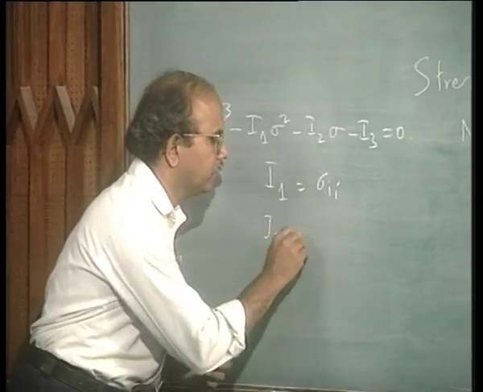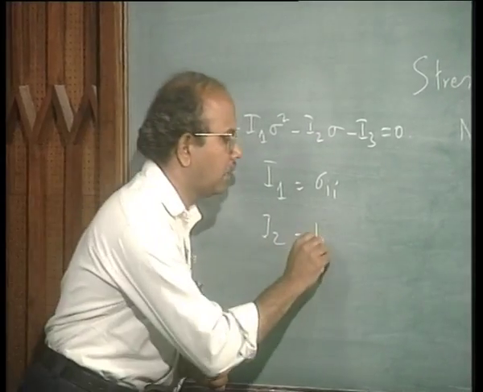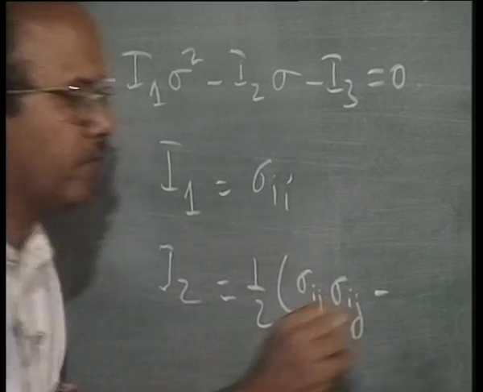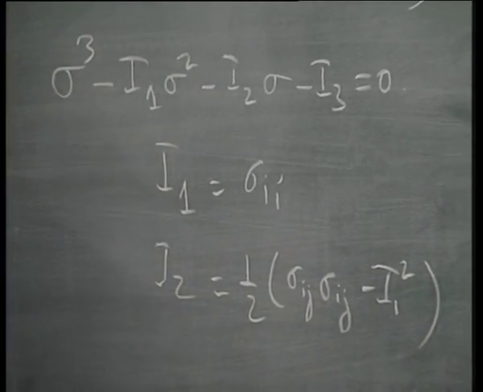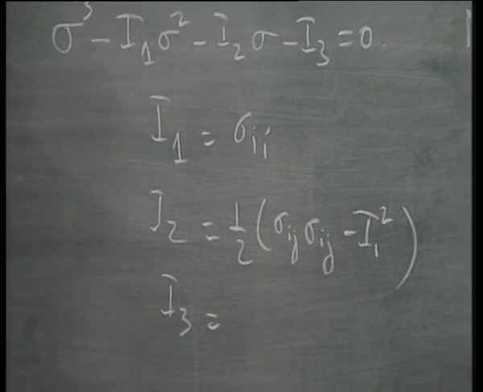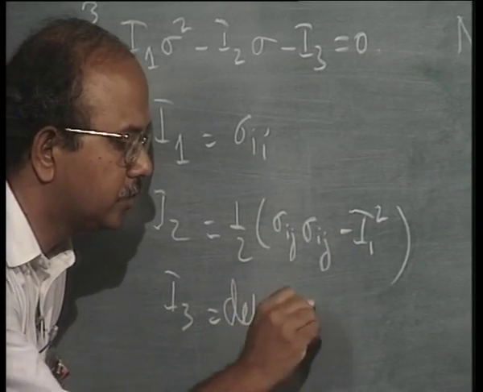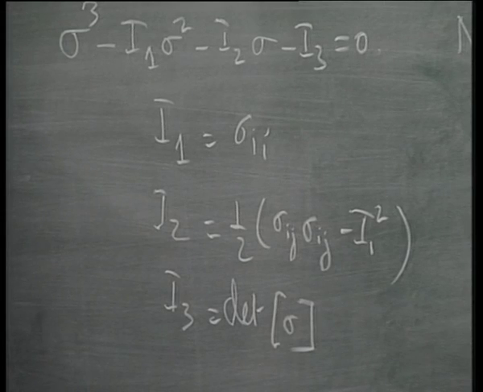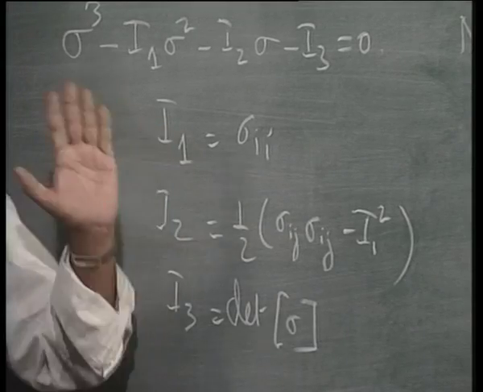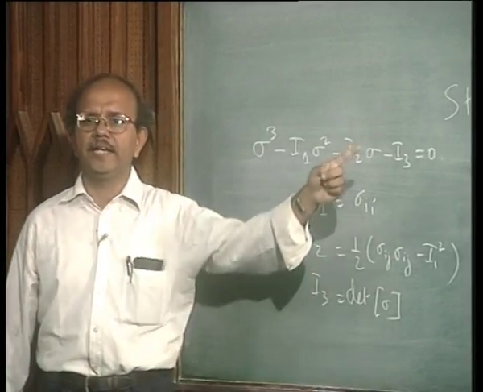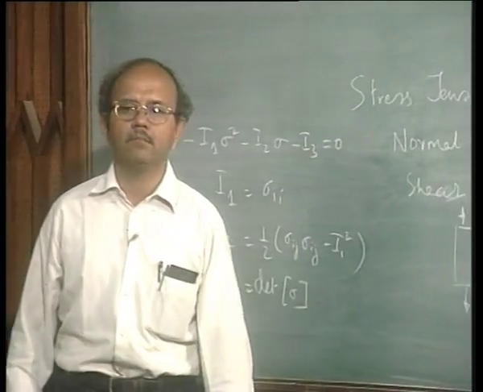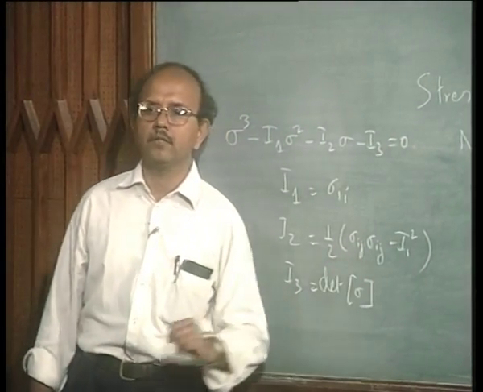I2 is equal to half of sigma ij sigma ij minus I1 squared, and I3 is equal to the determinant of this matrix sigma. I hope you all understand how I got it. I just got it by taking the determinant of sigma minus sigma I. Okay? So, I have got this.